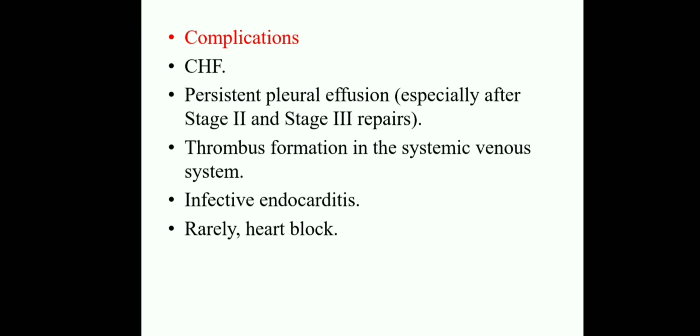Here the atresia is there. At the same time the right ventricle is hypoplastic, and the child suffers with pulmonary artery narrowing. The associated defects are ASD, VSD, and patent ductus arteriosus. Okay, these are the associated conditions.